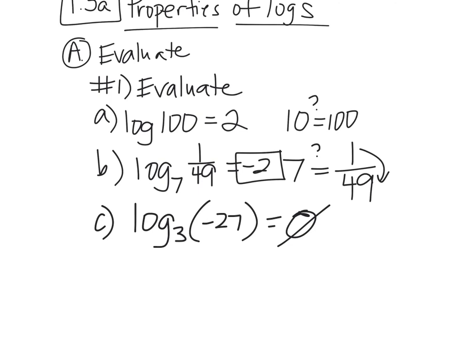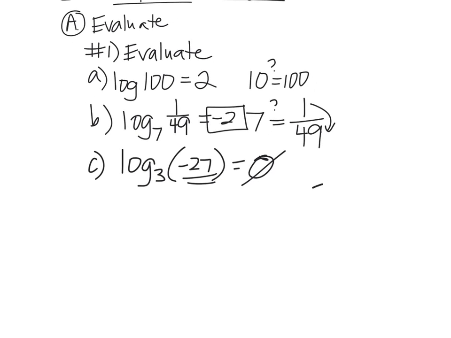You can't take the log of a negative number. 3 to the what is -27? You kept trying things. That was great. You were like 1/3. 3 cubed is 27. Try -3. None of those were working, because nothing, 3 to something gives me -27. Nothing is going to make it negative.